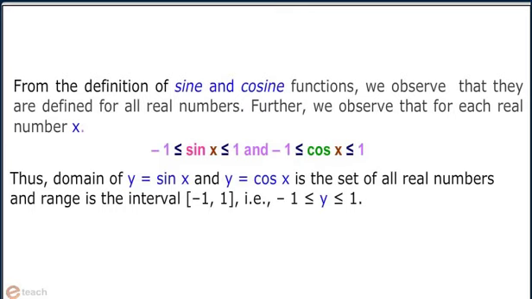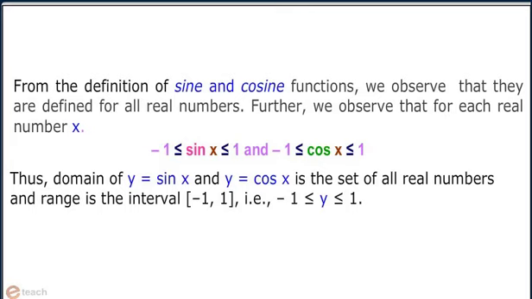Let us see from the definition of sine and cosine functions, we observe that they are defined for all real numbers. Further, we observe that for each real number x, sin x lies in the range -1 to 1 and cos x also lies in the range -1 to 1.